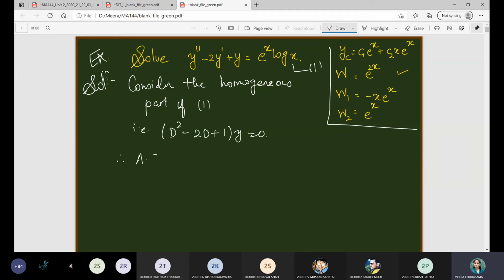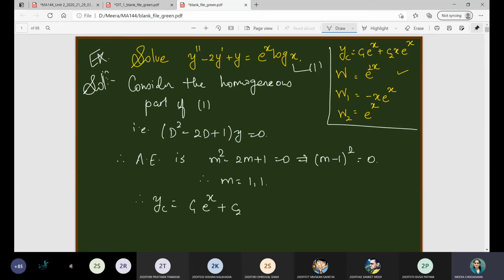So therefore, the auxiliary equation is m square minus 2m plus 1 is equal to 0, which is the perfect square of m minus 1, and therefore m is equal to 1, 1. The roots are repeated as well as real, therefore yc, which is the complementary function, is c1 e raised to x plus c2 e raised to x, but now it has to multiply with x, right? I will give this as 2.